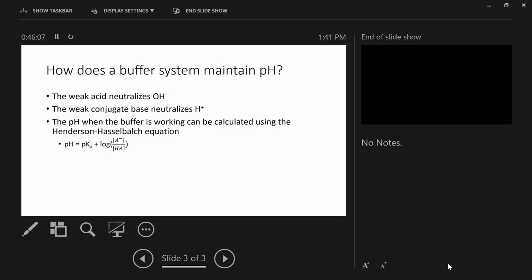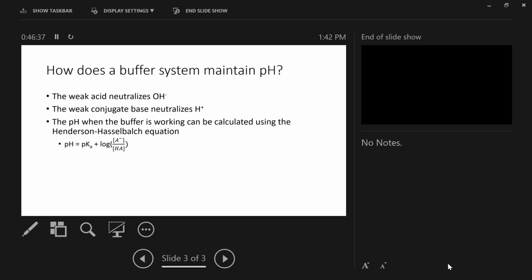So the formula is this: Kw is equal to the hydroxide ion concentration times the hydrogen ion concentration, which equals 1.0 times 10 to the minus 14.